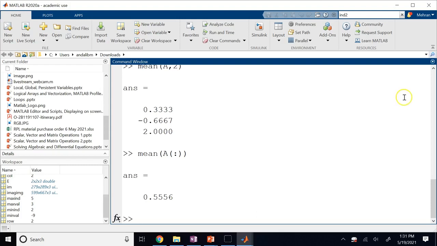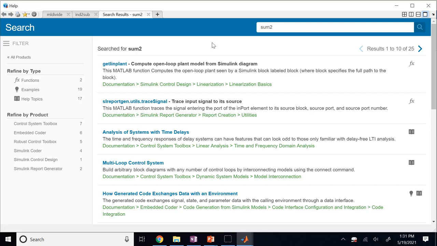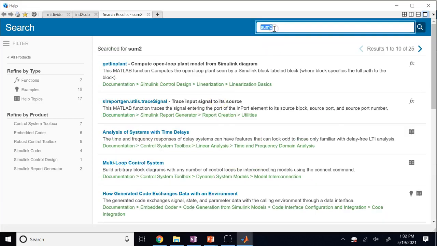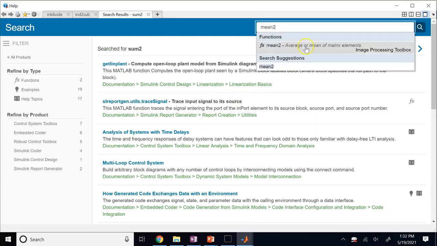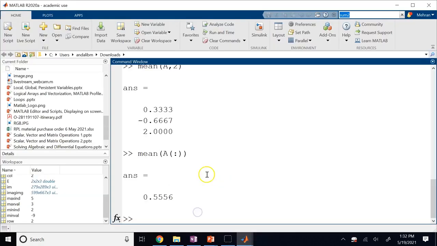Now, there are some new commands in Matlab. We used to have a sum2, if it's still there. Which does the 2D sum, or mean2. Yeah, mean2 there is. Mean2 does the same job as I did for you here, vectorizing it and then taking the mean.